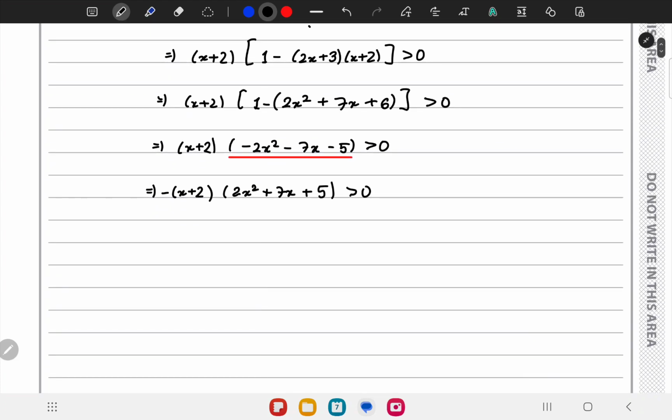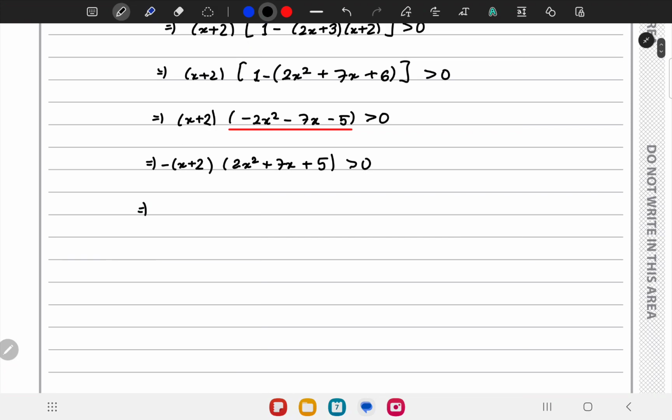We can multiply minus 1 on both sides. We'll get twice. We can break the quadratic down right now. If we break the quadratic down, we get 2x plus 5 times x plus 1. And we'll need to flip the sign over here because we multiply the minus 1 on both sides.